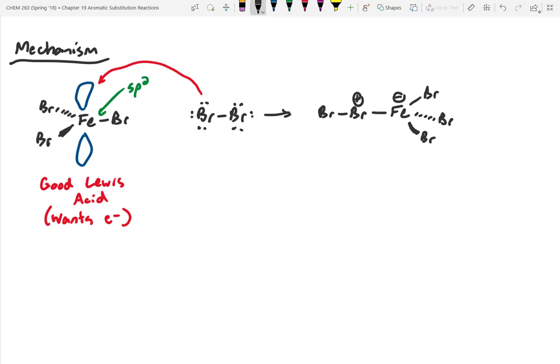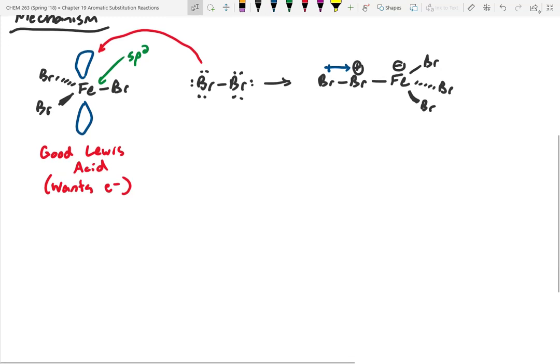We know halogens are relatively electronegative. They don't want to carry a positive charge. So it's going to suck a lot of electron density away from the adjacent bromine next door. So there's a strong dipole in that bromine-bromine bond, so much so that essentially it's going to pop off with minimal effort.